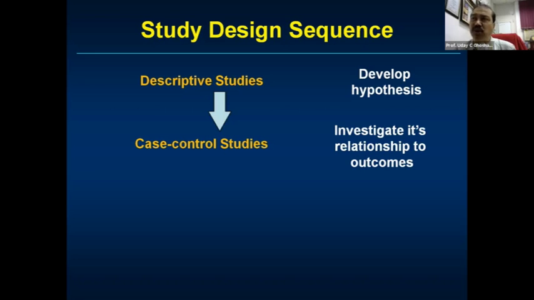In a case control study, you are trying to investigate the relationship to the outcome. In a descriptive study, let us say my hypothesis is how common is coronavirus disease in Uttar Pradesh now. This is my hypothesis, so I have to design the study accordingly.